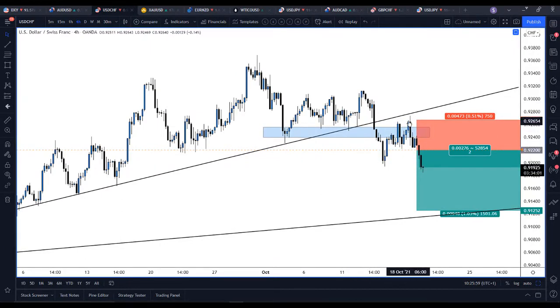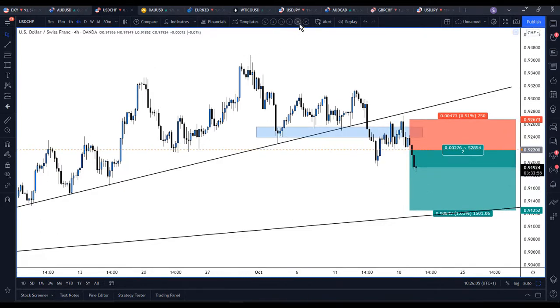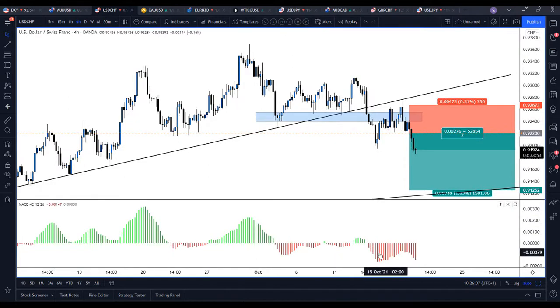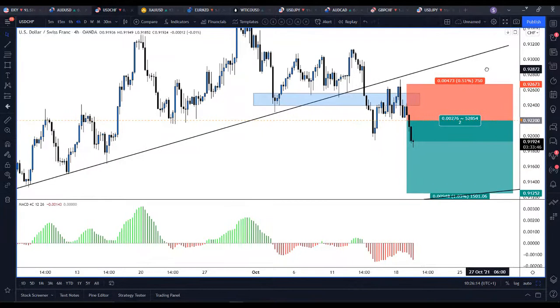Look guys, push down, correction, next impulse. We've taken some money off the table at the moment because if I just show you the MACD, there's a little bit of divergence there, the low and a higher low, low and a lower low. So it doesn't hurt to bank some money on the way down, and that's a good reason to at the moment.